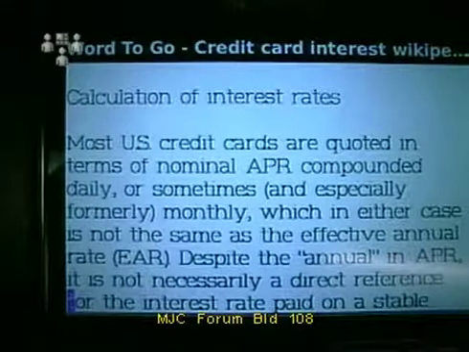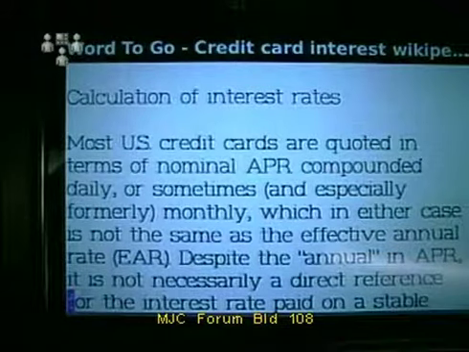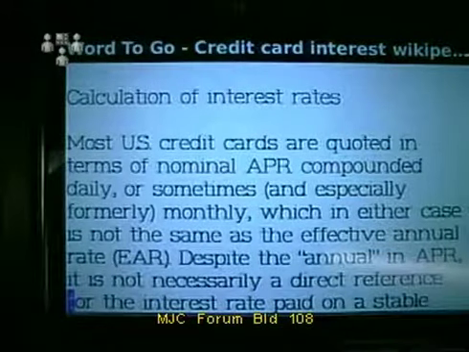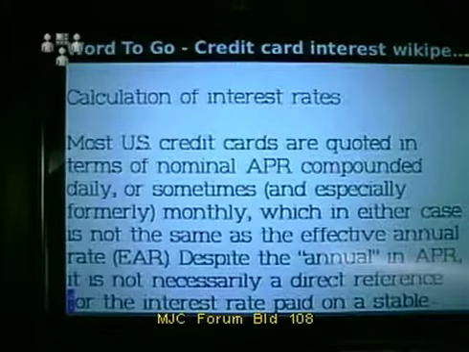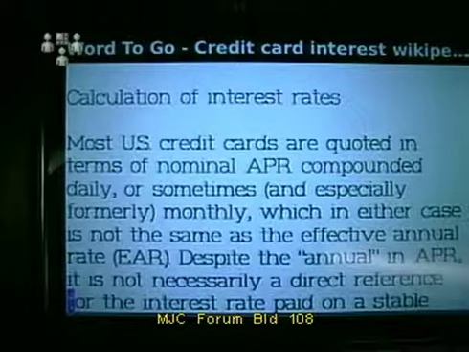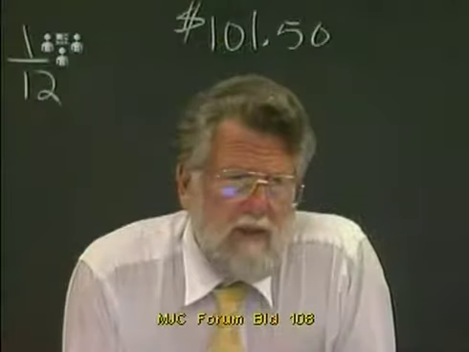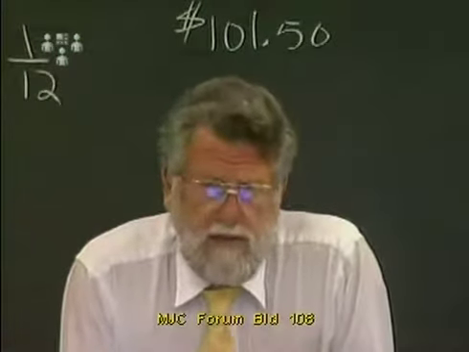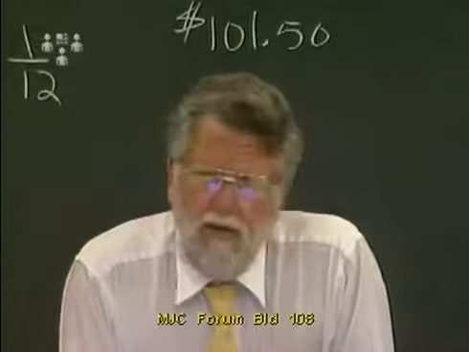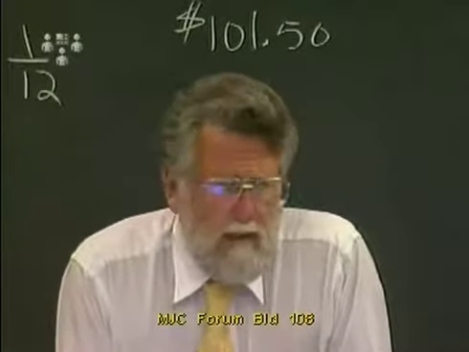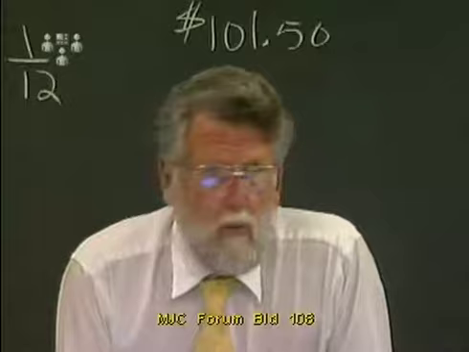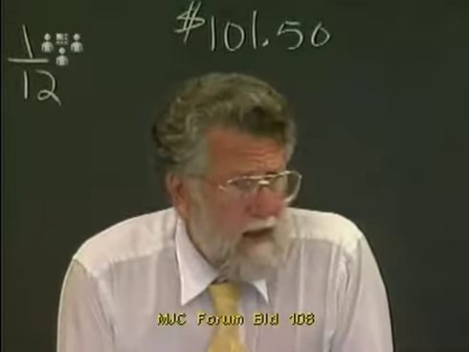Most U.S. credit cards, and I agree with this, are quoted in terms of a nominal APR, which is referred to as an annual percentage rate. This was done, I believe, in 1968 by Regulation Z by the federal government, where they were worried about not being able to compare what kind of interest you were getting.